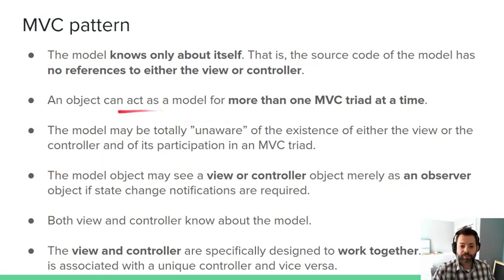We can have an object act as a model. I want to read this out because it's important. You can have a model participate in multiple model view controller patterns. So if you have a complicated application where you've got different purposes of this big project, one of them might be a blog, one of them might be a storefront.